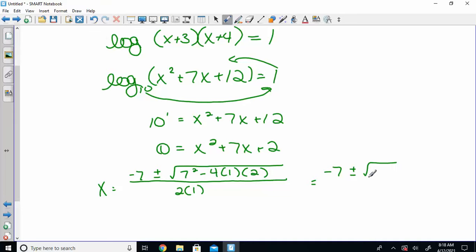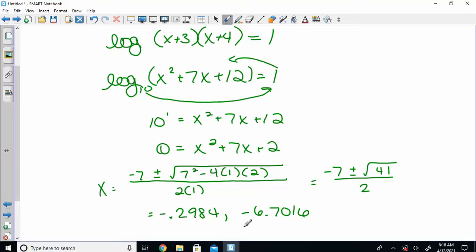So that's 49 minus 8, so 41 over 2. Alright, I'm going to convert those to decimals. So if I do that, we get negative 0.2984 and a negative 6.7016.